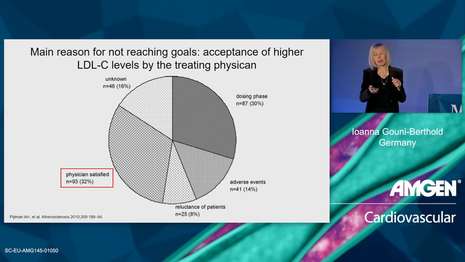Only 20%. And I was really upset when I read this paper: the main reason these patients don't reach goal is because the physicians are happy. In this study, the LDL was 125, and the physicians said it's totally okay, no need. So we should all be more aware.